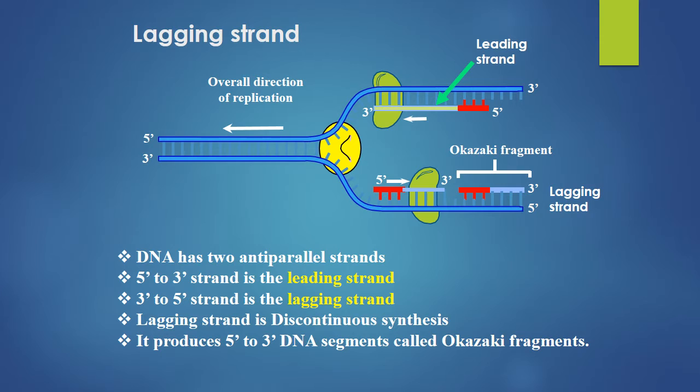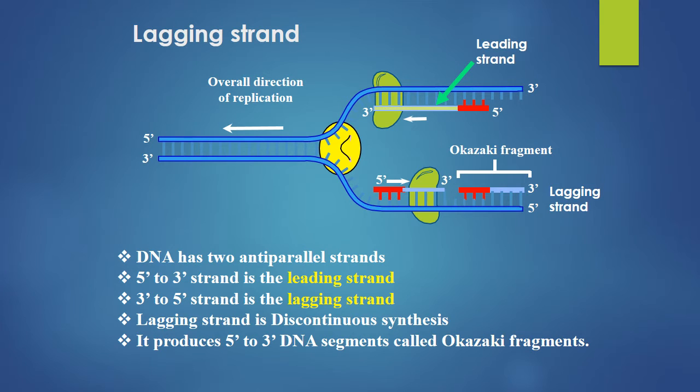But for the lagging strand, the synthesis still occurs in the 5' to 3' direction, but because the template that is used is from 3' to 5', short fragments are synthesized in the direction of 5' to 3', which leads to the formation of numerous Okazaki fragments.